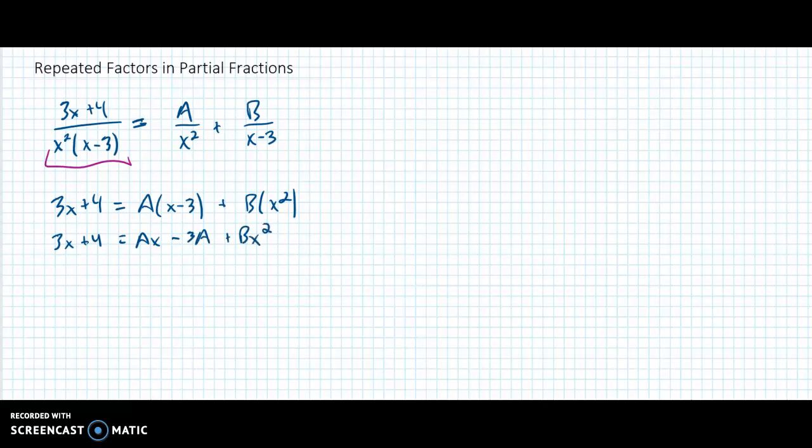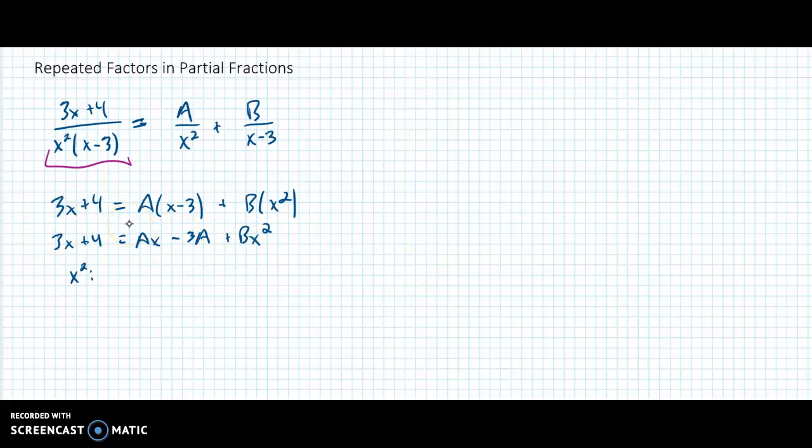Now, what I want you to see is that over on this right-hand side, I've got an x squared term, I've got an x term, and I've got a 1 term, a no-x term. So I'm going to have 3 equations out of this in order to make the right side equal to the left side.